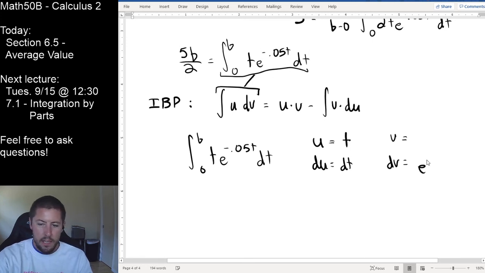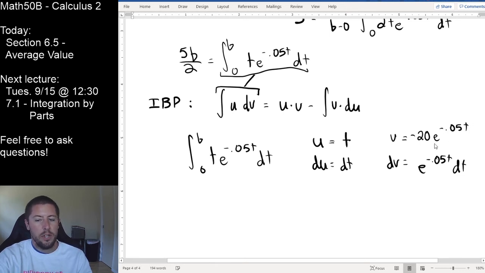It's going to be my e to the negative 0.05 t dt. The d parts always get the d parts, and the non-d parts always get the non-d parts here. So I want to ask myself, what would v have been? Since this is a differential, I'm thinking of integrating back up to get my v part. So this should be negative 20 e to the negative 0.05 t.